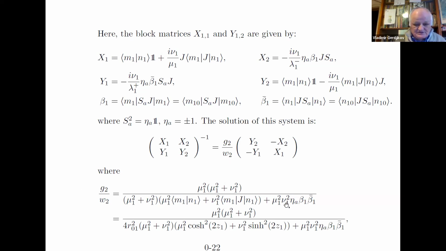Here is this ratio written down, again in terms of small m1 and small n1, and it must multiply this block matrix, which we have again expressed in small m and small n. Okay?